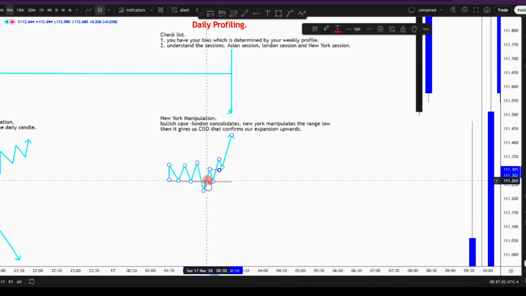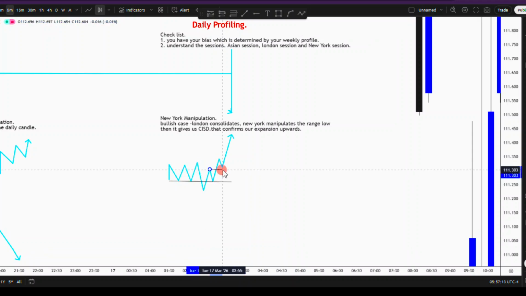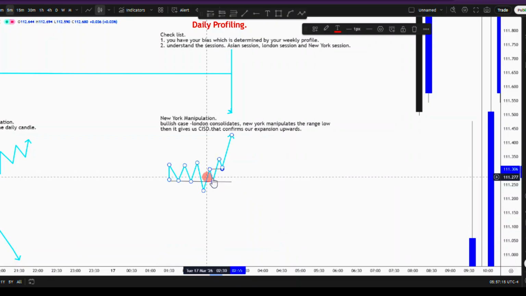and then you wait for a change in state of delivery after the sweep, and then look for your entry from a PD array, which can be another block. At this point, our change in state of delivery gives us another block. So you can take your entries from another block or from a fair value gap. I like to see a change in state of delivery with a fair value gap, because price will always come to fill that imbalance and continue.